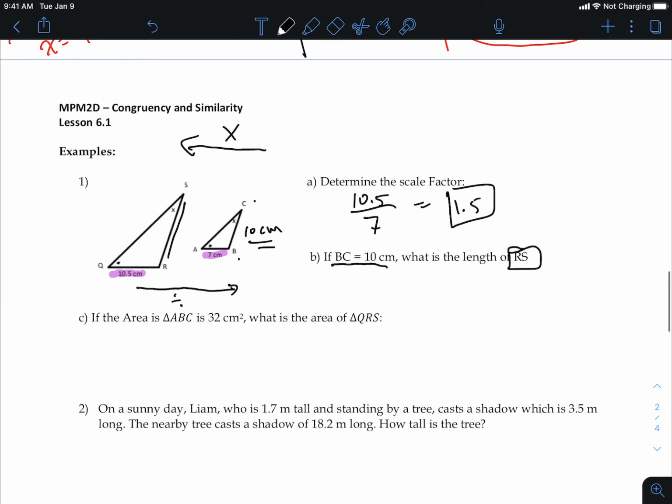So I'm going to go, hold on one sec. Side length RS is equal to 10 multiplied by 1.5, which is equal to 15 centimeters.